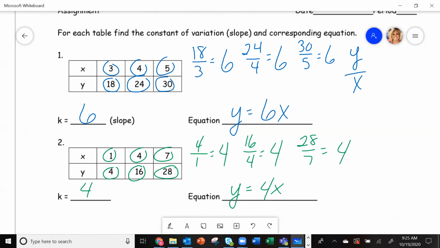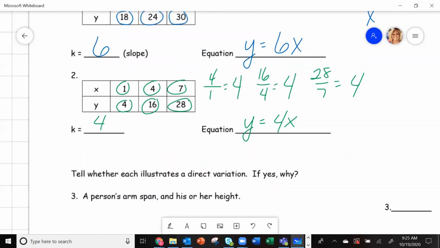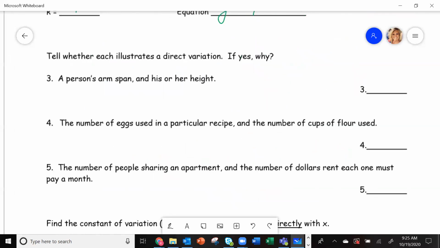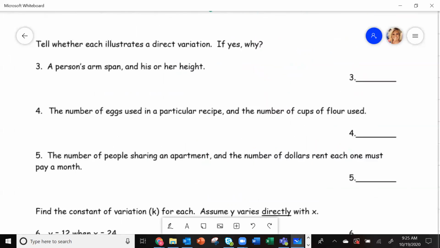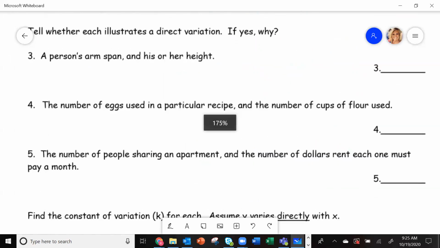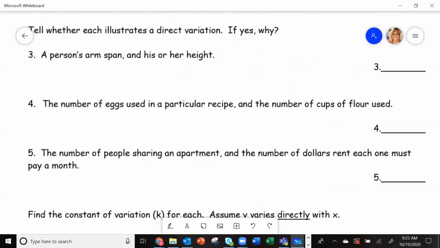Okay, so let's see here. Now, these right here are saying, tell whether each illustrates a direct variation. There's a little bit of argument between certain ones, but let's talk about this.